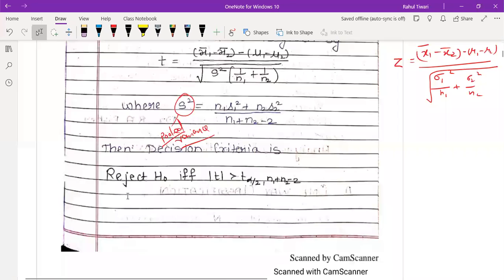The criteria remains the same: you reject H0 if and only if the mod of the t value is greater than t alpha by 2 with degrees of freedom, since we have two groups, n1 group and n2 group. The degrees of freedom will be n1 minus 1 plus n2 minus 1, so clubbed together it is n1 plus n2 minus 2.